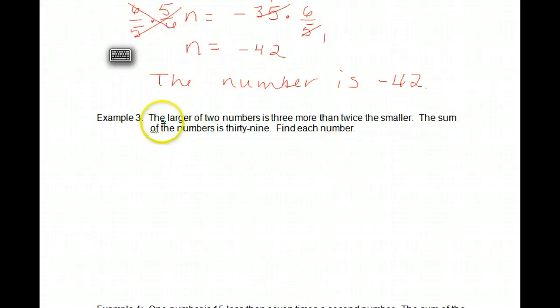So we're going to go back to our first sentence. It says that the larger is blah, blah, blah, the smaller. So that tells us right here that the larger number is based on the smaller.